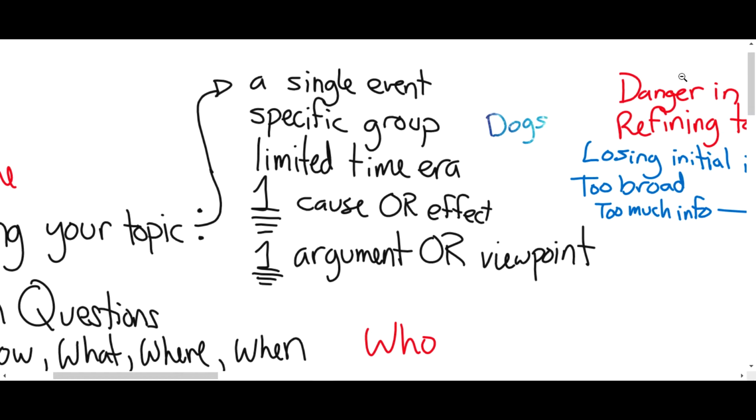Some of the ways that you can refine your topic is by emphasizing a single event, a specific group, a limited time era, one cause or several effects, or one effect, or one argument, or one viewpoint. I will explain right now. The dogs here over the side was an example used in a different class to refer to a specific group. If we were having a research thing about all animals, we could narrow it down to dogs and focus on that. That is a way to refine your topic.